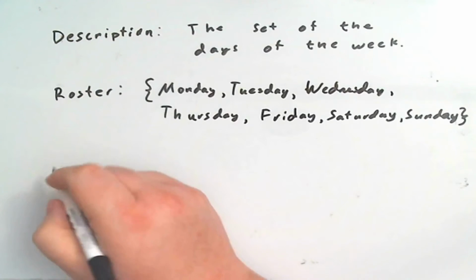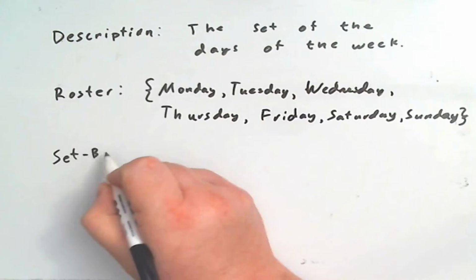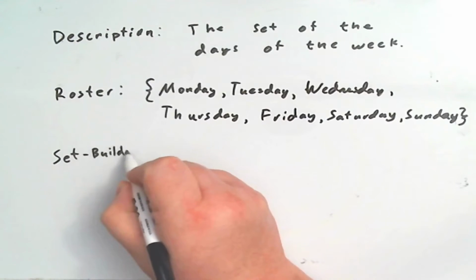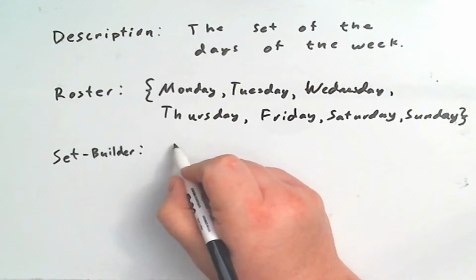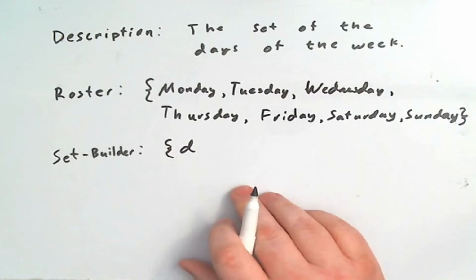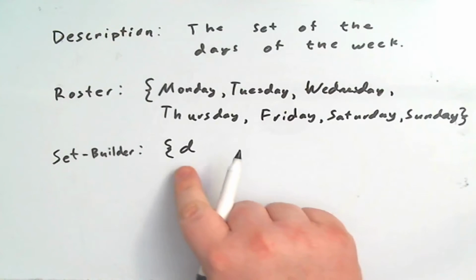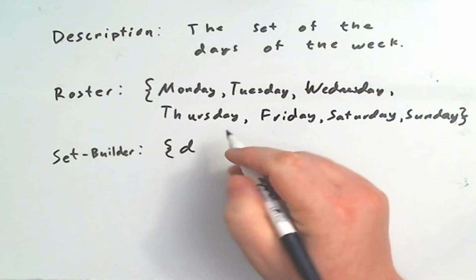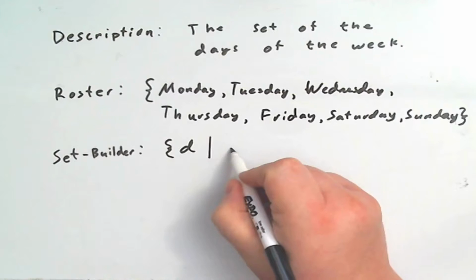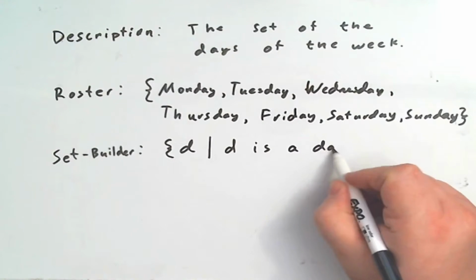Okay, we can also describe this using the set builder notation, right? And so let's say we call our element D. So D is going to represent the elements of this set. These elements are going to be days. So we're going to say D is the element in this set such that D is a day of the week.